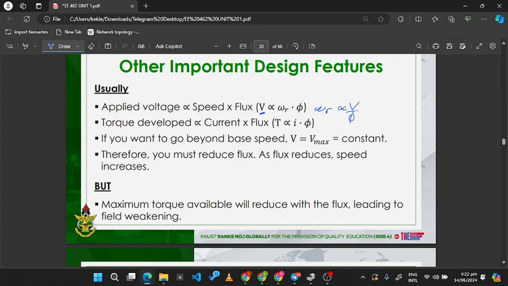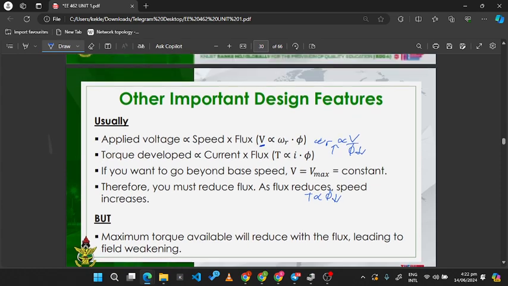So if we want the speed to go up, we'll reduce the flux. If we reduce the flux, the torque is also proportional to the flux, so the torque also reduces.